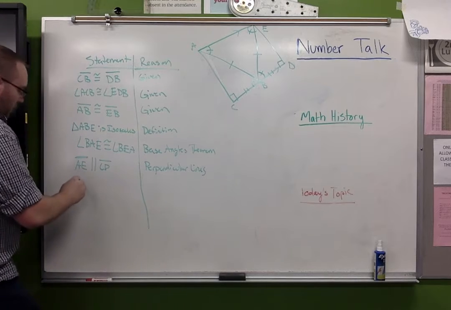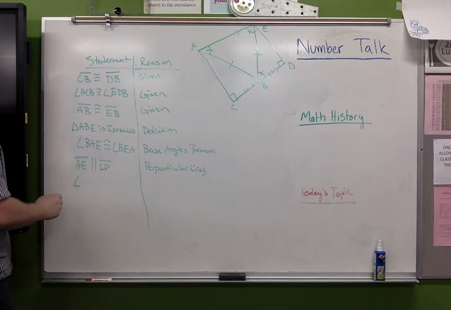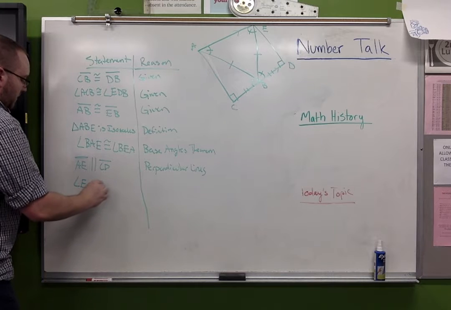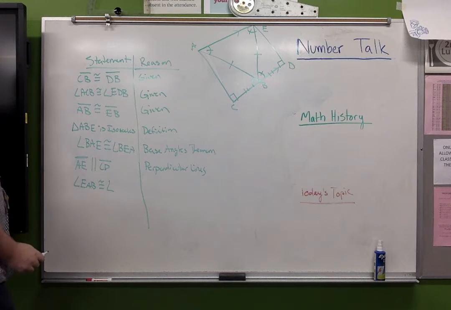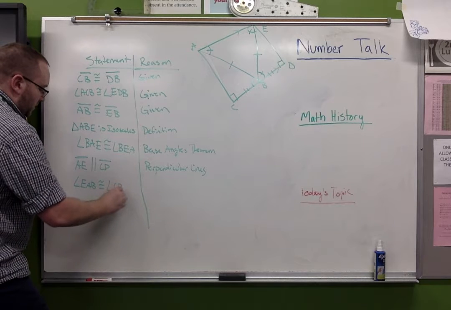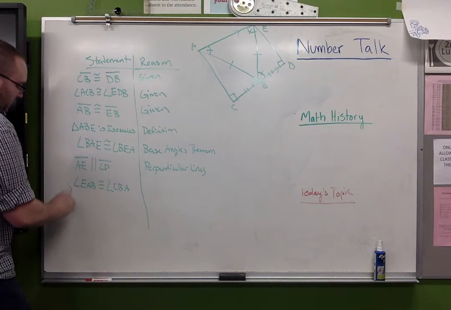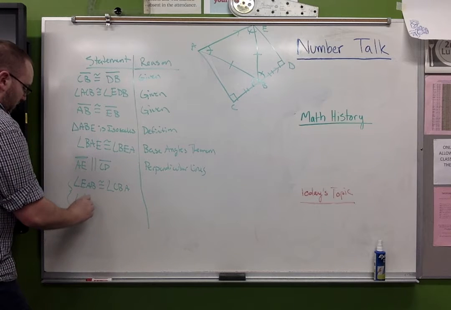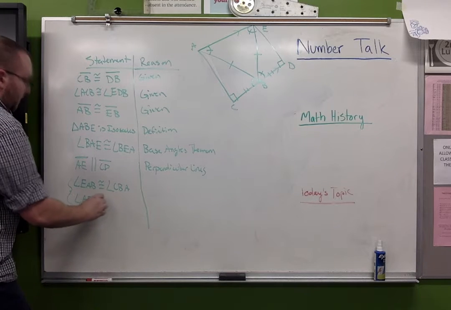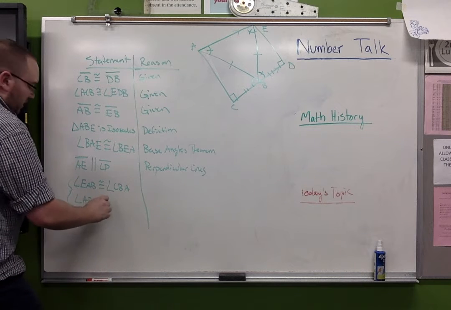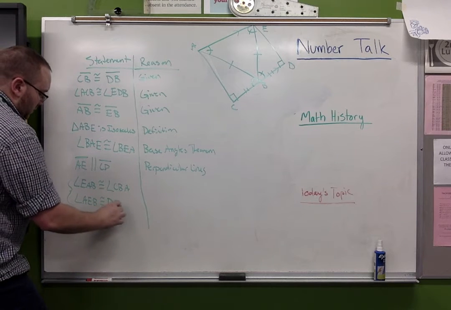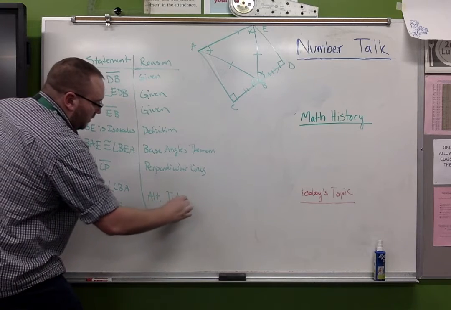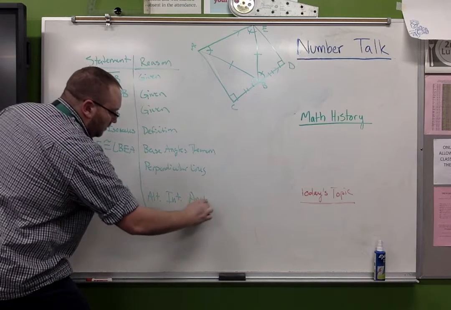So let's put that down here. Angle EAB is congruent to angle CBA. And we're going to put these together. Angle AEB is congruent to angle DBE by alternate interior angles.